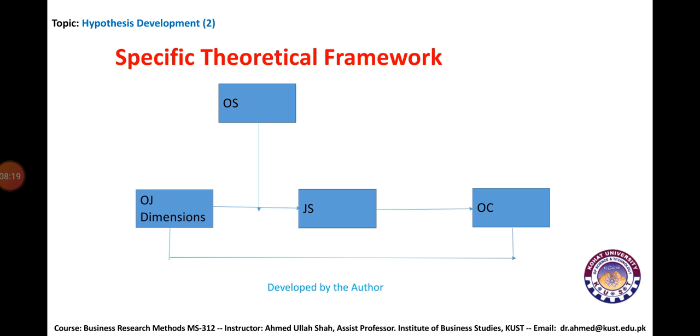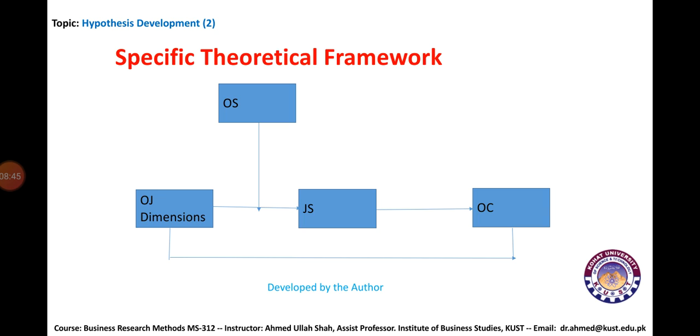A model basically tells us how certain variables, here meaning organization justice dimensions, are related. Keep one thing in mind, that organization justice has 4 dimensions: distributive justice, procedural justice, interpersonal justice, and informational justice.